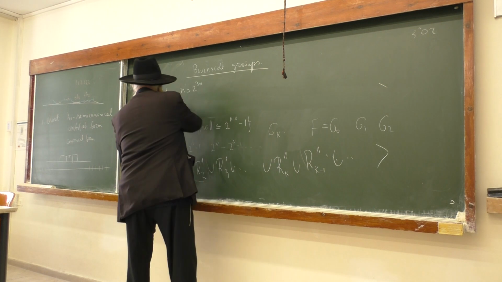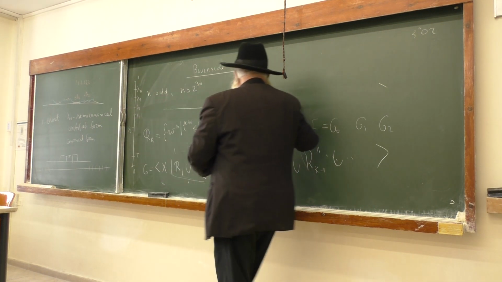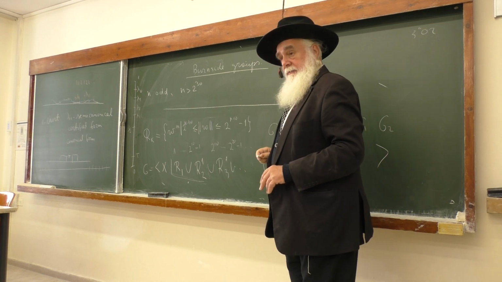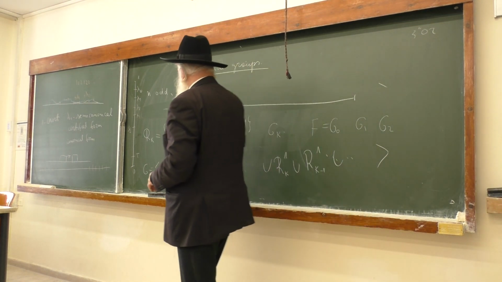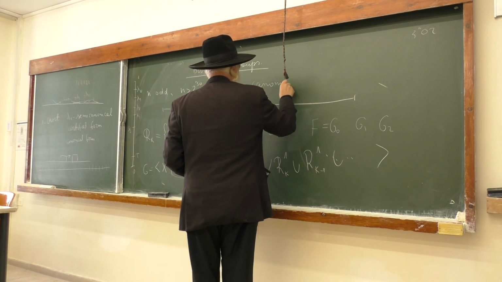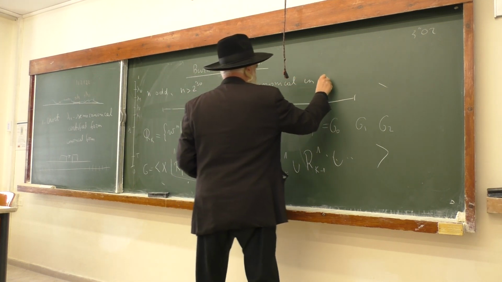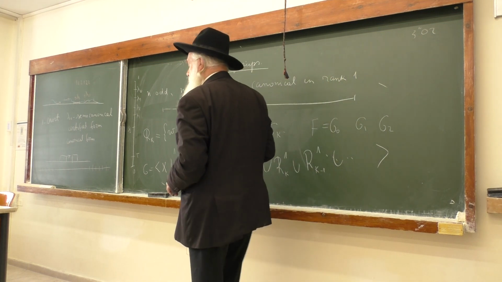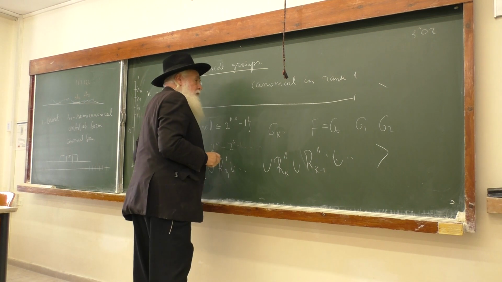So we are starting with a word which itself is canonical in rank 1. And we consider its two chart.